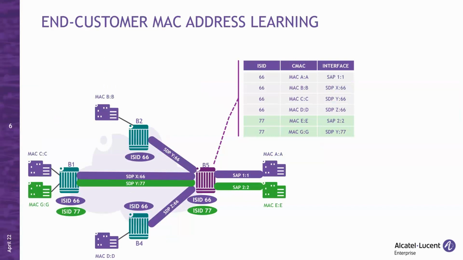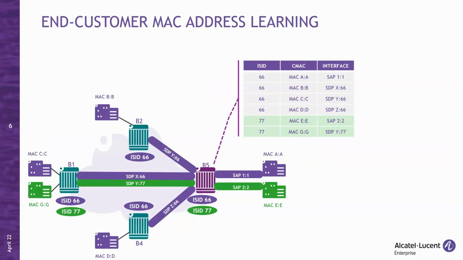Within the SPB backbone, backbone MAC addresses are learned in the control plane through ISIS. There is no flood and learn. End customer devices, however, do not run ISIS. Near-end customer MAC addresses are learned and bound to a SAP, whereas far-end customer MAC addresses are bound to SDPs.